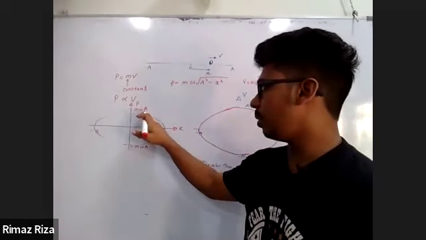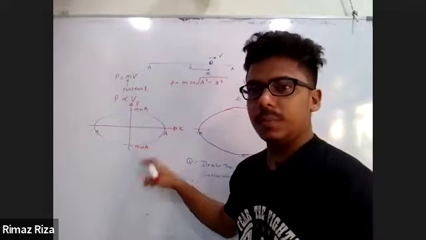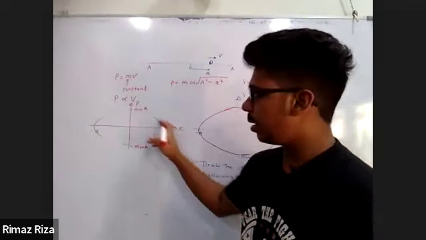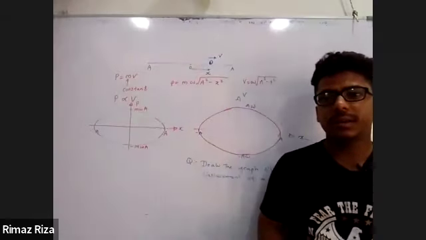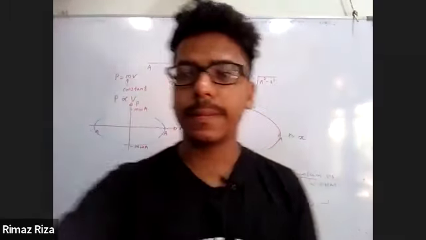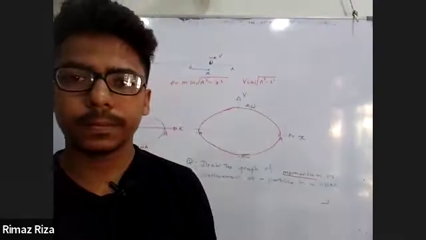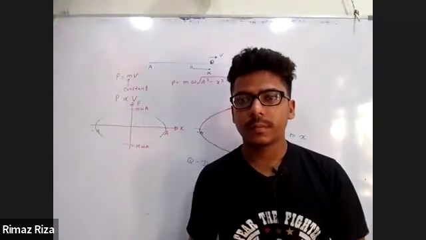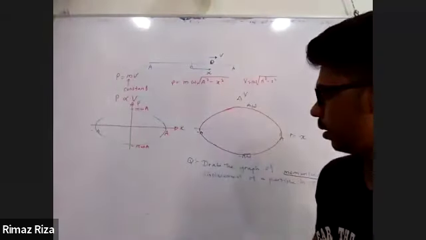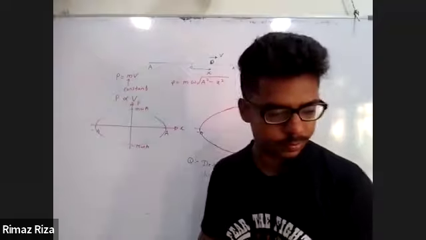So here plus m omega a and minus m omega a. So you get again an elliptical shape, right? Okay, is it clear? All right, so quickly draw this.